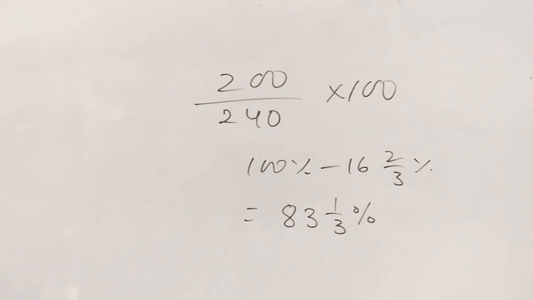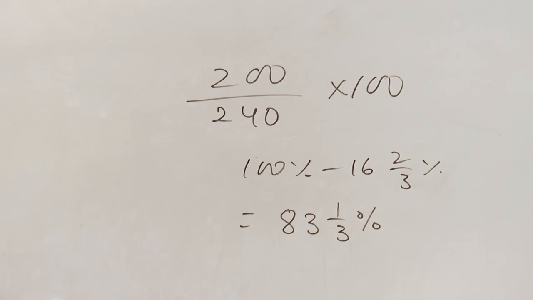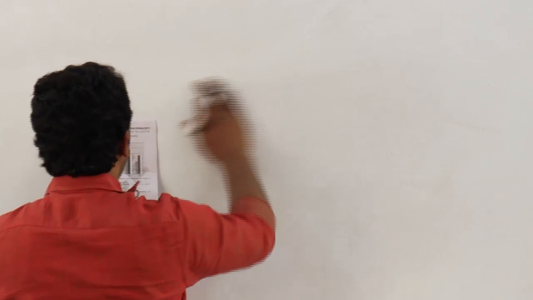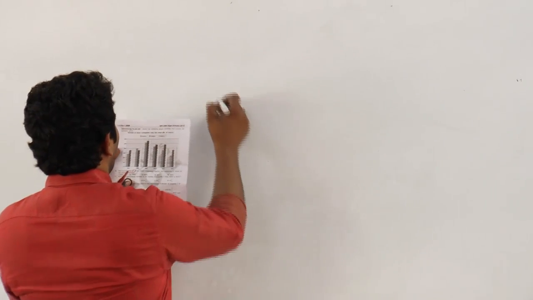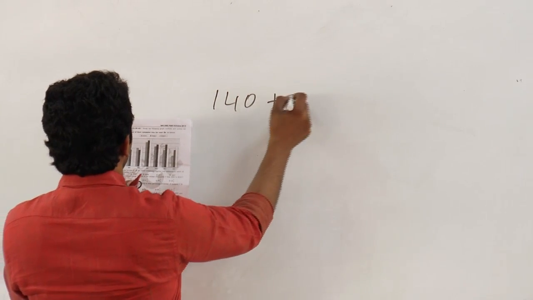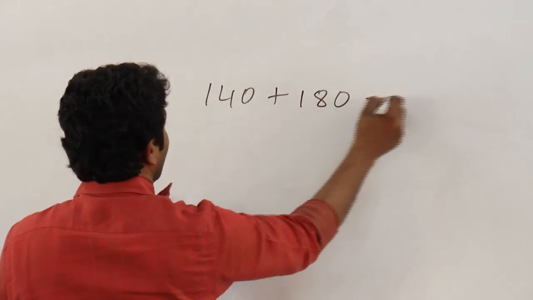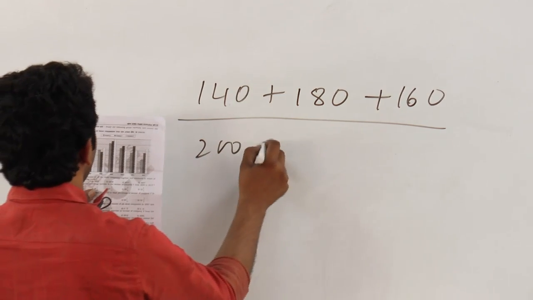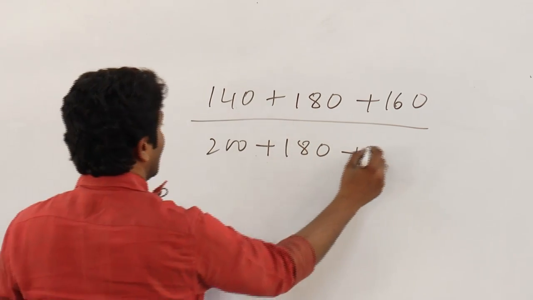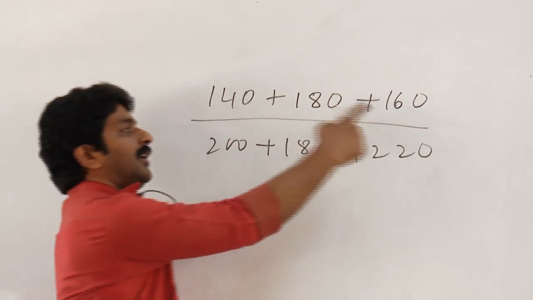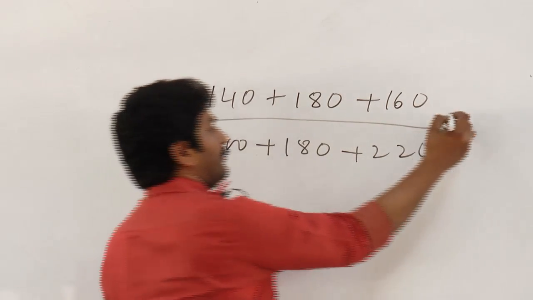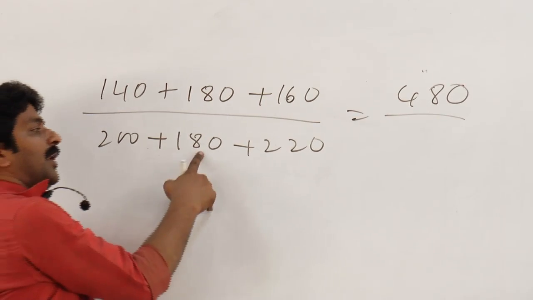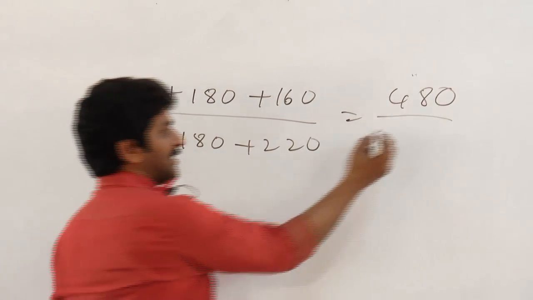Next, what is the ratio between total income of all three companies in 2007 and 2008 respectively? 2007: 140, 180, 160. 2008: 200, 180, 220. 2007 total: 140, 160, 300, 480. 2008 total: 180, 220, 400, 600.